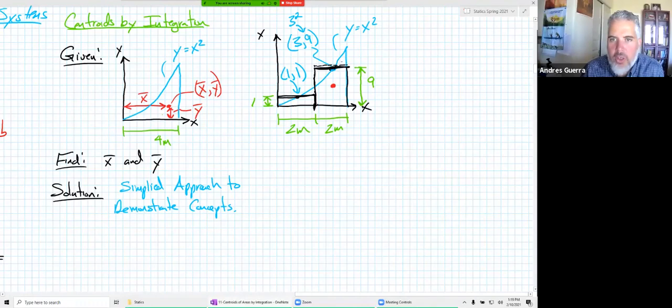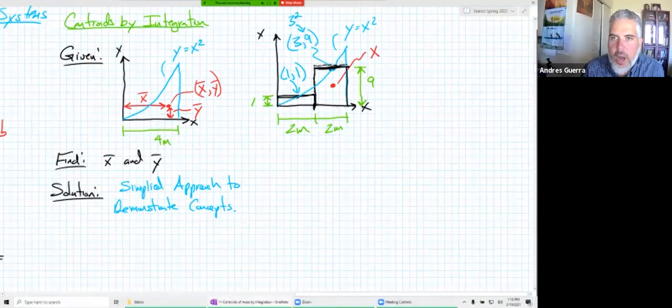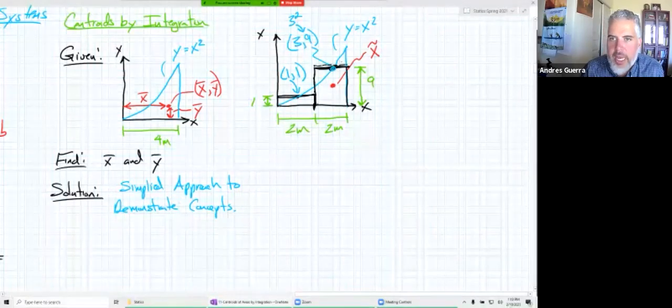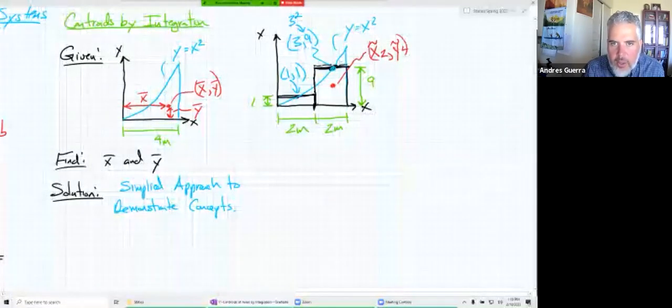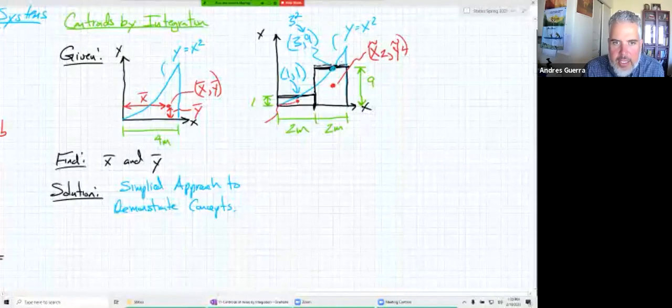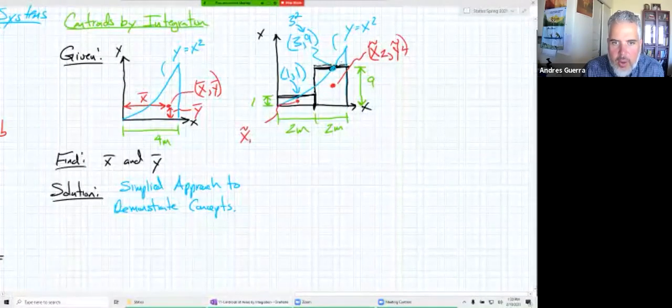We're going to call the centroid of each rectangle x tilde and y tilde. I'm going to call that area on the right area 2, so it's going to be x tilde 2, y tilde 2. And then this one right here will have an x tilde 1 and a y tilde 1.